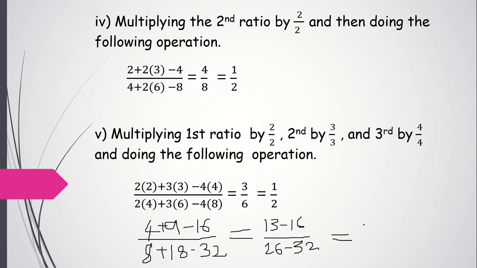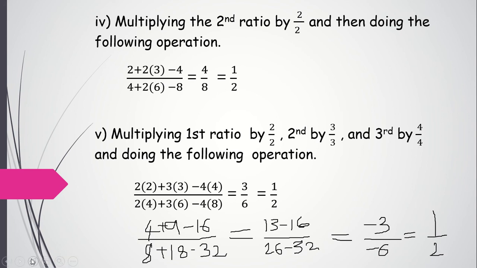So this is 13 minus 16 is minus 3 upon 32 minus 26, minus 6 again. So minus 3 upon minus 6, minus minus becomes plus, equals to half.